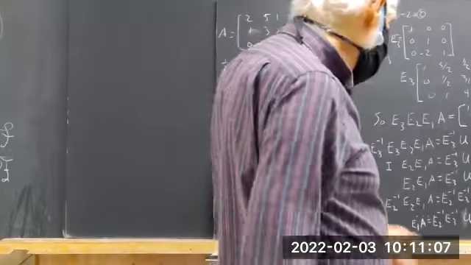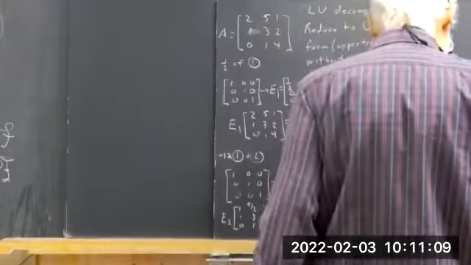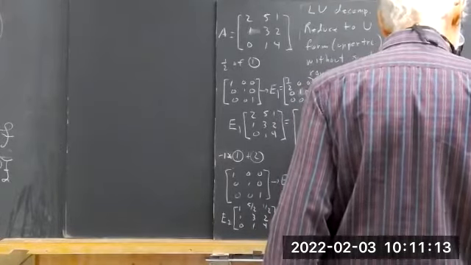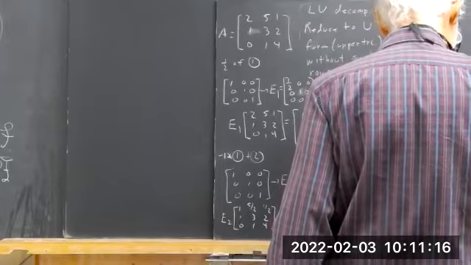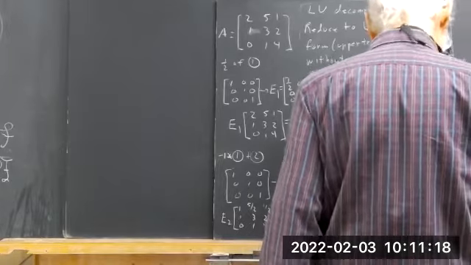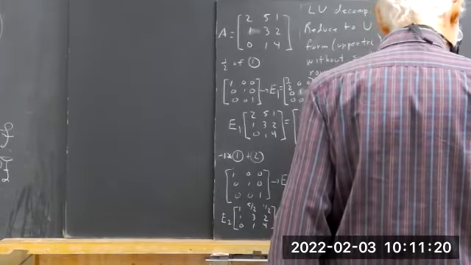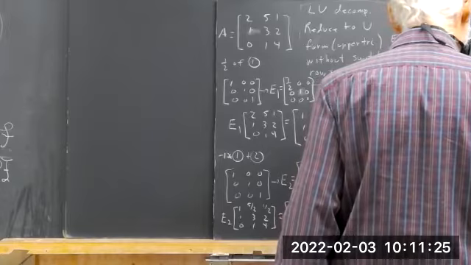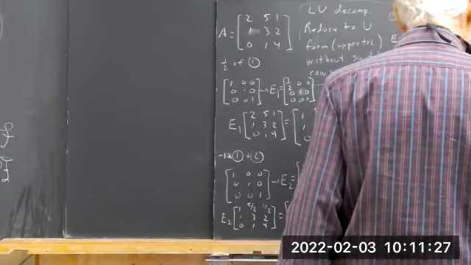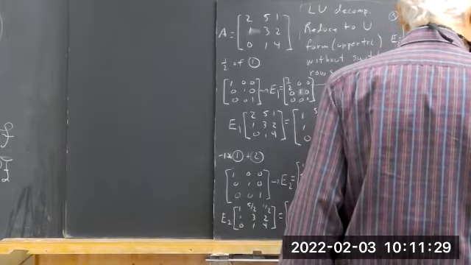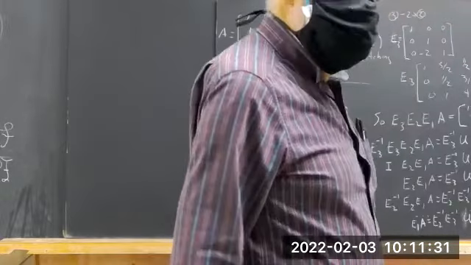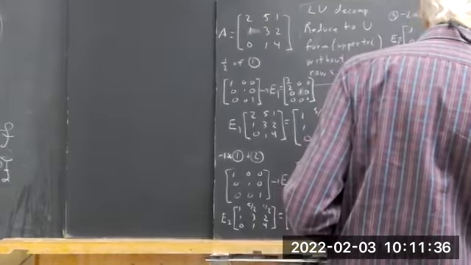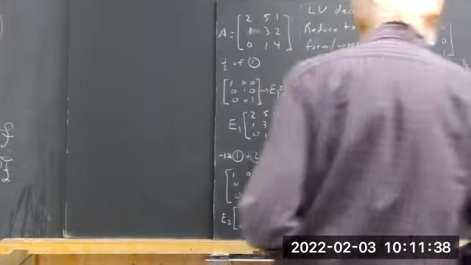Okay. Well, then the last step, I didn't leave myself room to write. But if we come up here, we see that A is going to equal E1 inverse, E2 inverse, E3 inverse times U. And you can verify this for yourselves.